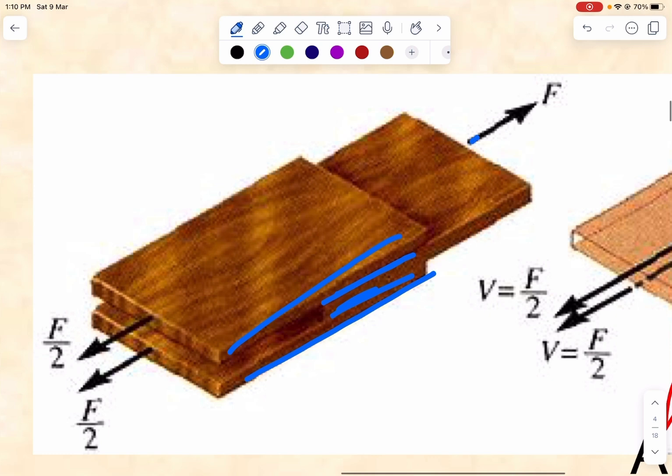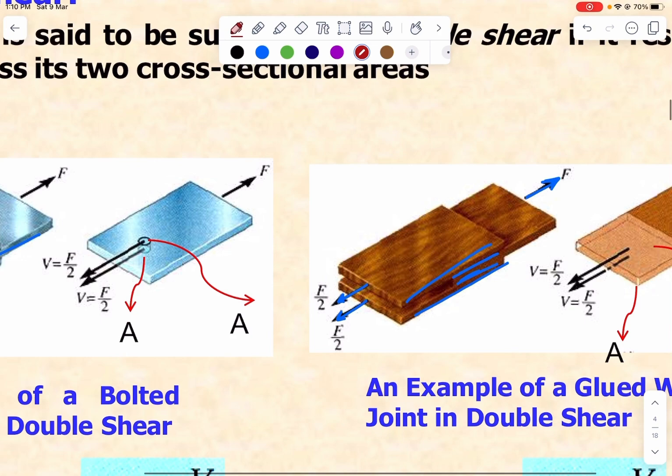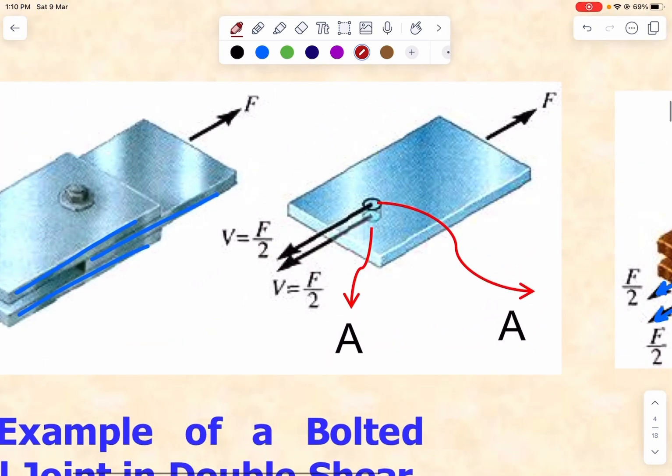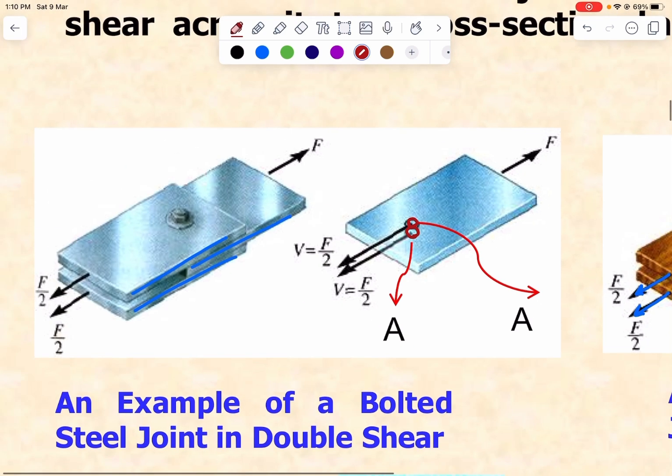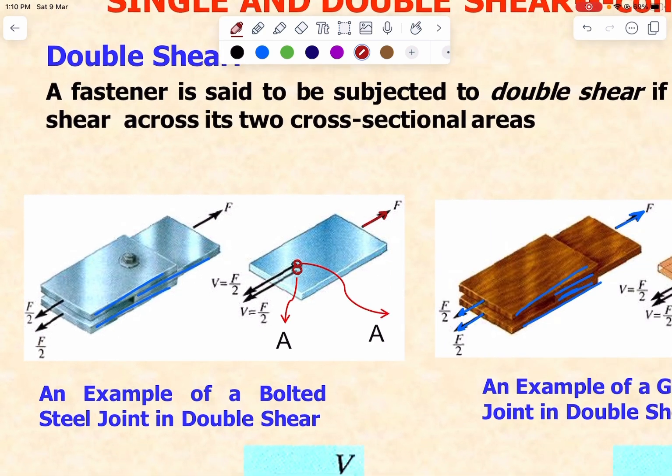So if we apply force here, the shear force is going to be half in this plate and half in this plate in order to be in equilibrium. The same thing here. The area of the bolt over here and over here. If we are applying force F, the shear force is going to be half of this because we have to equate them. فبيكون هنا نص وهنا نص.